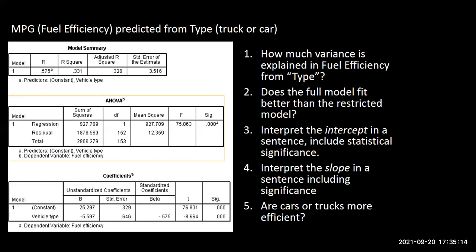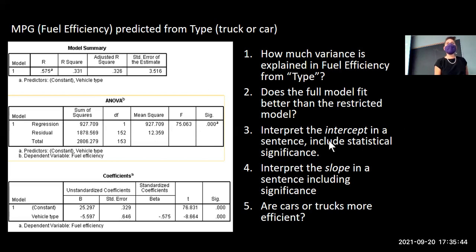Okay, let's do the next one. Does the full model fit better than the restricted model? Where would I get that information? Yeah, that ANOVA table, where I find the sums of squared errors. They're right here.